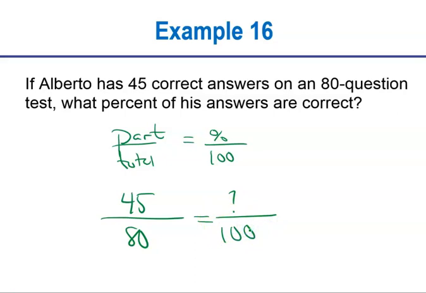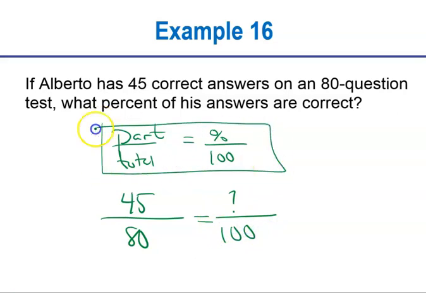Now here's what I want to caution you about using this formula, either this one or the is over of. Your answer is already a percent. So you've got to remember to add the percent sign. When I cross this way, that's 4,500. I cross this way, that's 80 times question mark. I need to get the question mark by itself, so I am going to divide both sides by 80.